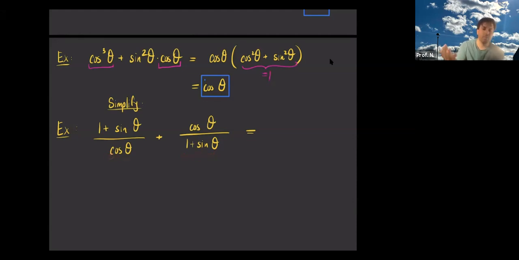I have two different fractions with different denominators. The only way I can add or subtract two fractions is if the denominators are the same. The denominators here are not the same. So what's the least common denominator? What's the LCD among cosine theta and 1 plus sine theta?